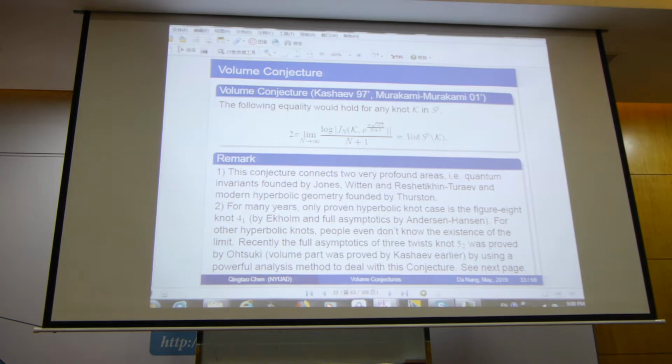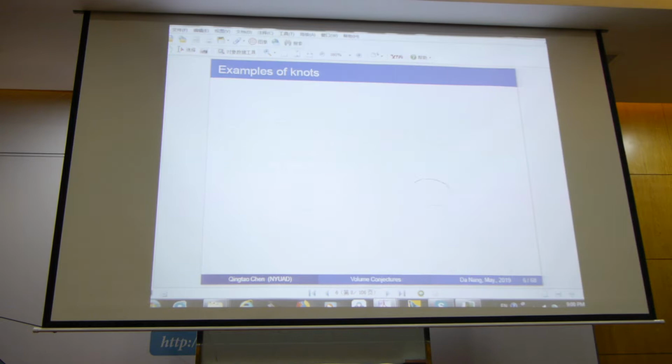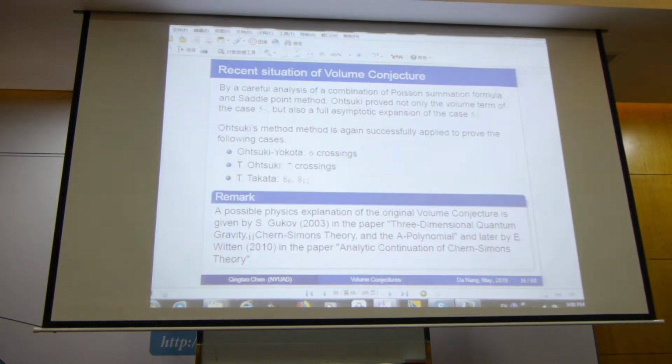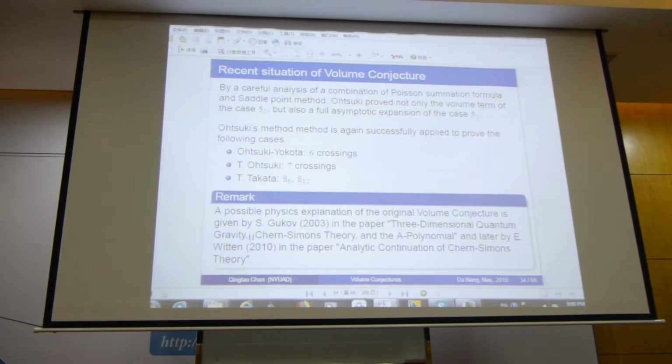Sorry, I should page down. So this is the method: by careful analysis combining the Poisson summation formula and the saddle point method, you can prove 5_2. Then the Japanese school learned his method quickly and proved several more cases, and we got stuck again, because this method is very powerful but also has its limits.